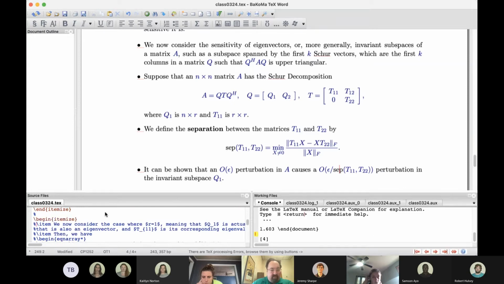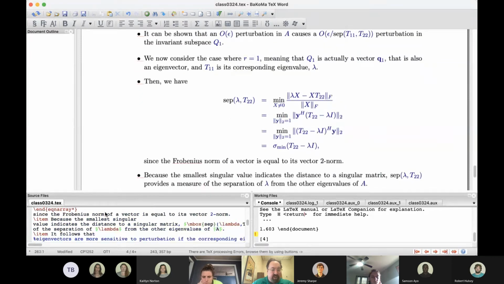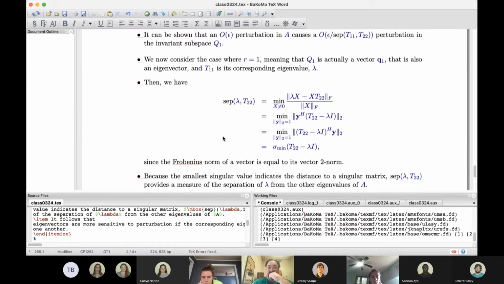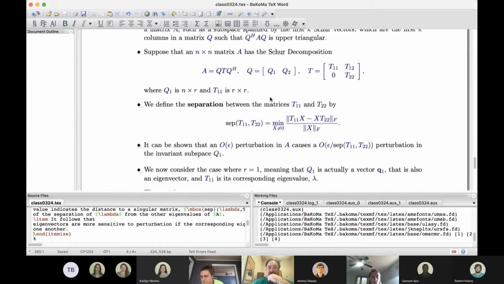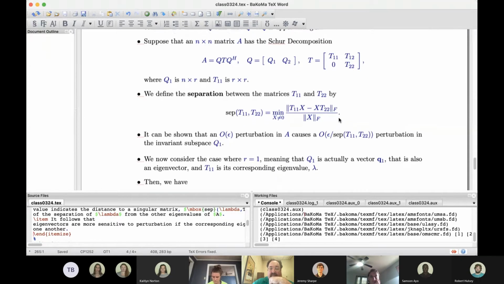And a specialization of this to a one-dimensional invariant subspace, in other words, an eigenvector. So let's suppose that here we have this breakdown, and it's assumed that Q1 has r columns and T11 is r by r. But let's assume r equals 1. That means Q1 is actually a single vector, an eigenvector, and T11 is just a number if r equals 1, and that would be the corresponding eigenvalue.